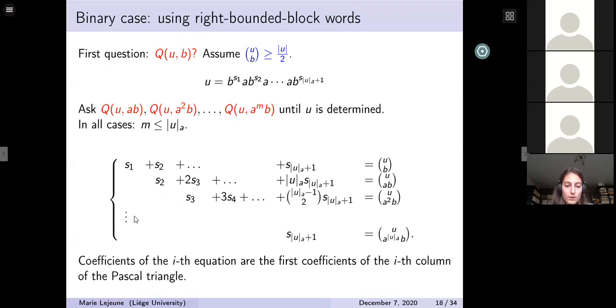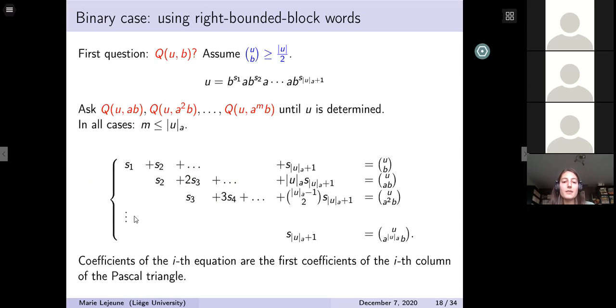And it's easy to write this system because you can see that in the first equation, all my coefficients are 1, 1, 1. So this is the first column of the Pascal triangle. In the second equation, my coefficients are 1, 2, 3, and so on. This is the second column of the Pascal triangle. And here I have 1, 3, and so on. So I have the different columns of the Pascal triangle to write my system.